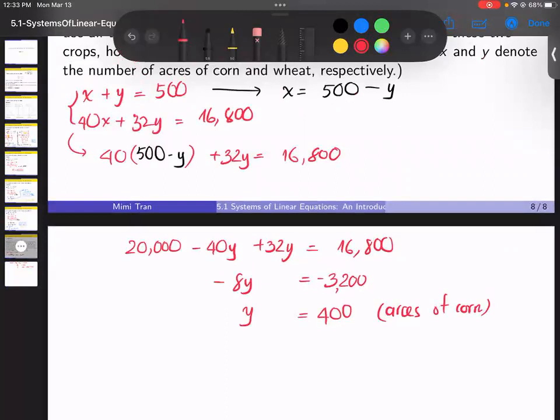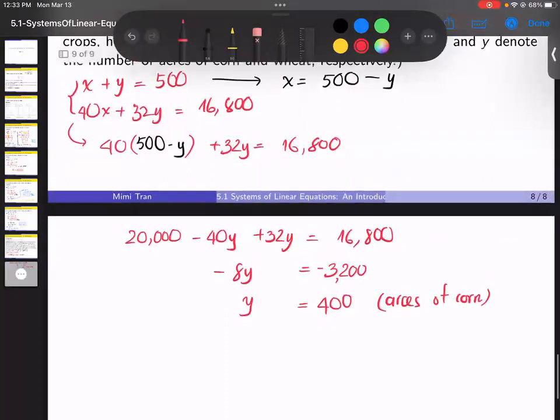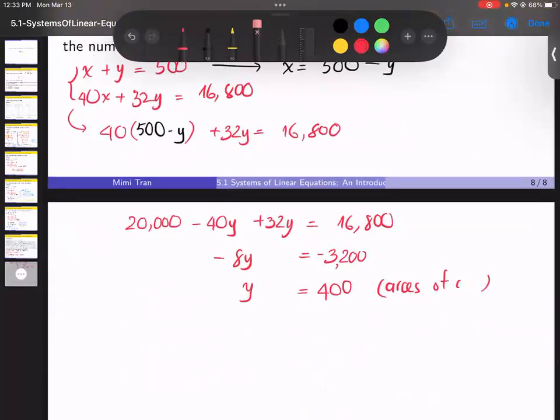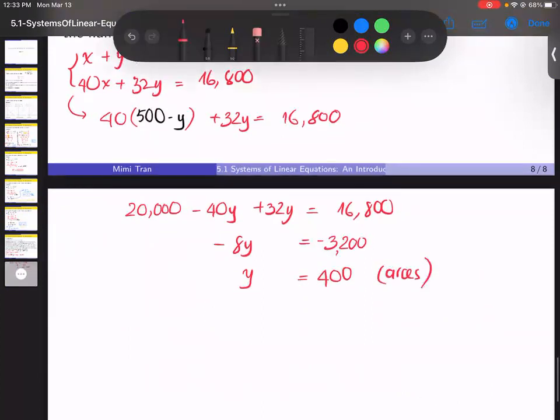Then you plug into the first one to solve for the corn. It doesn't matter, we already know the variable. X is 500 minus 400, 100 acres.